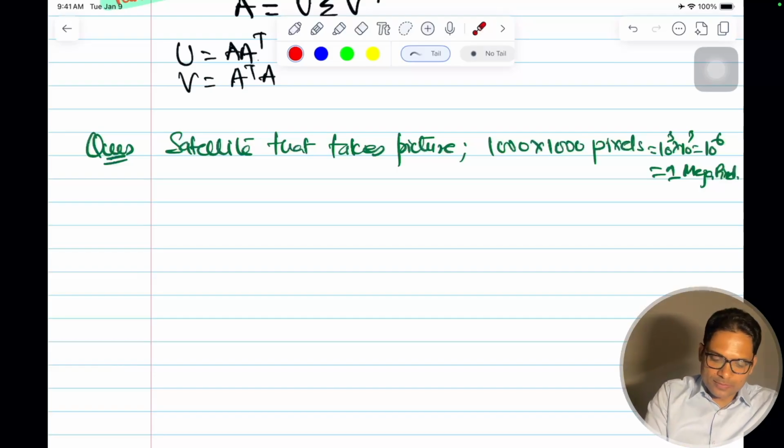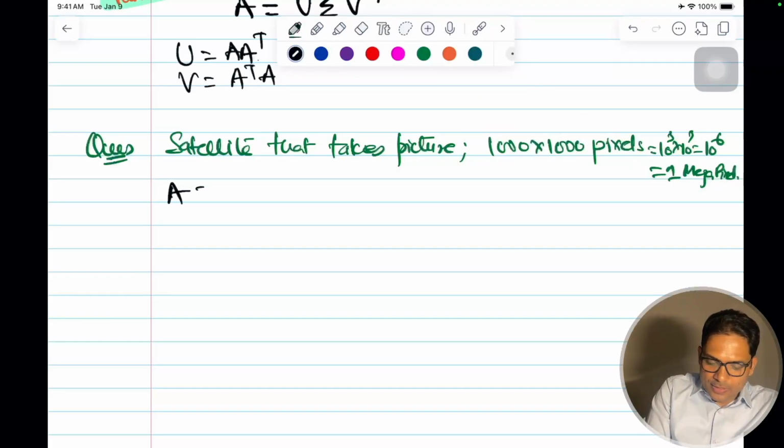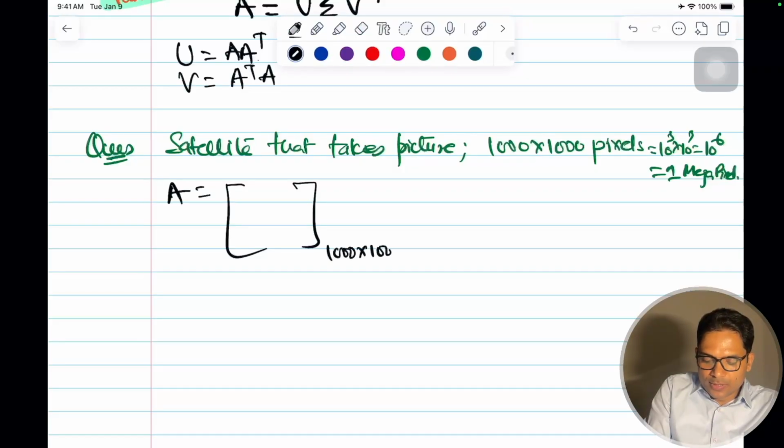Now your picture is a matrix, a 1000 by 1000 matrix. These are nothing but pixels.